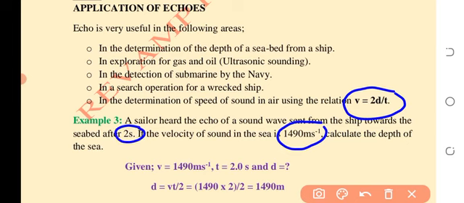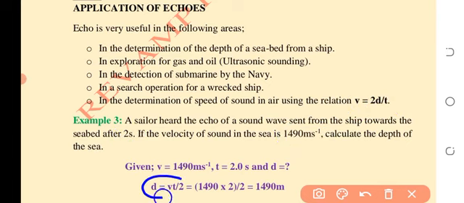Now we can put all this into the calculation and make d, the distance between the source of sound and the reflecting surface, the subject of the formula. d is now equal to vt over 2.